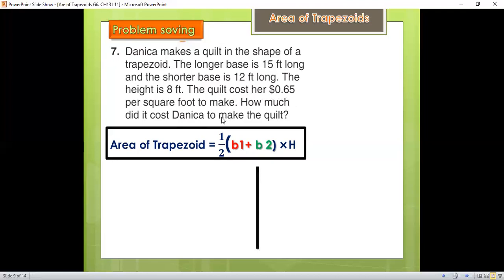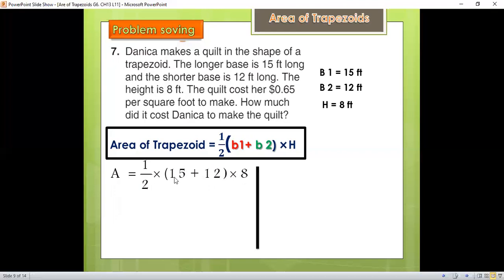Firstly we can calculate the area. Base 1 is 15 feet, base 2 is 12 feet, and the height is 8. From these values we can get the area of the trapezoid. The area equals, as we said before, half, base 1 plus base 2, multiplied by height. By substituting, half multiplied by 15 plus 12 in brackets, multiplied by 8.